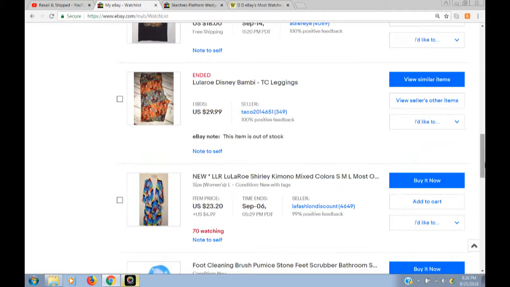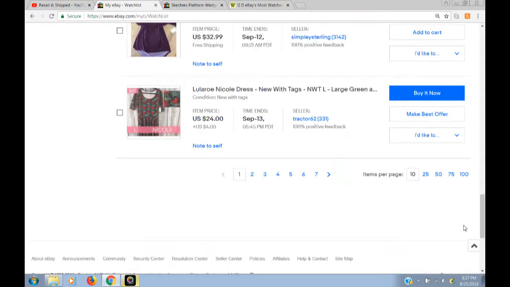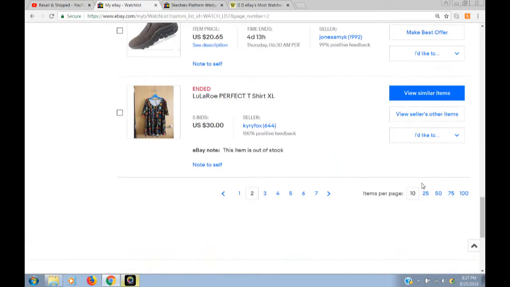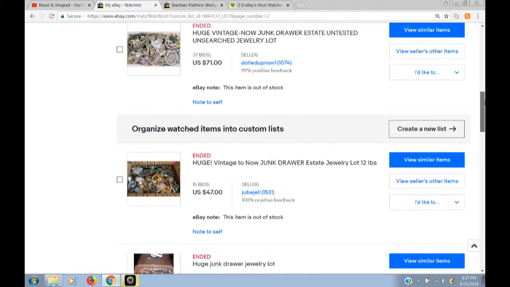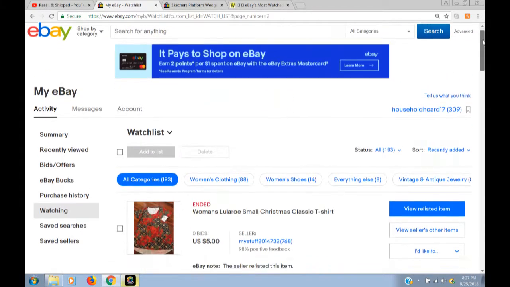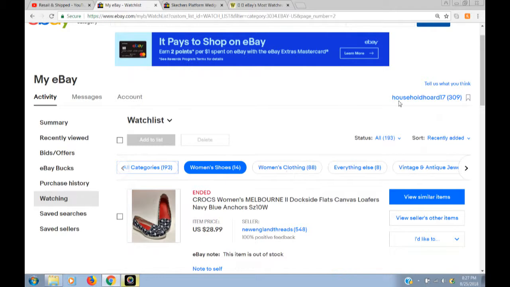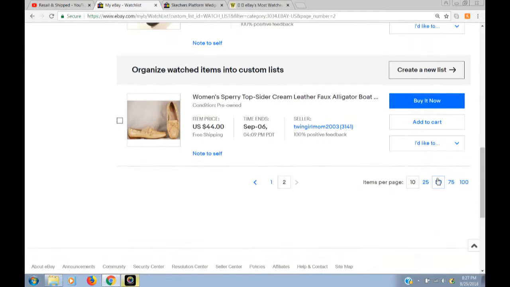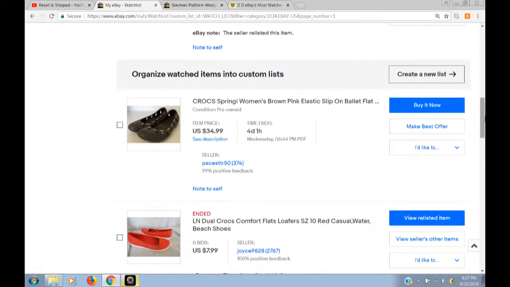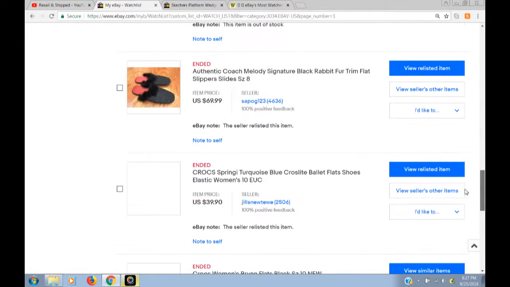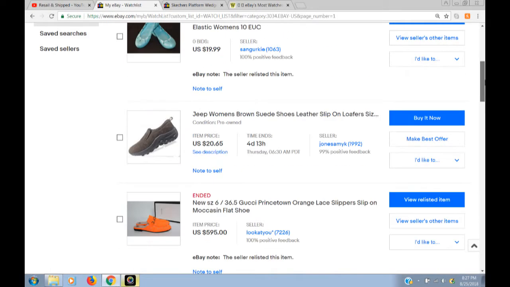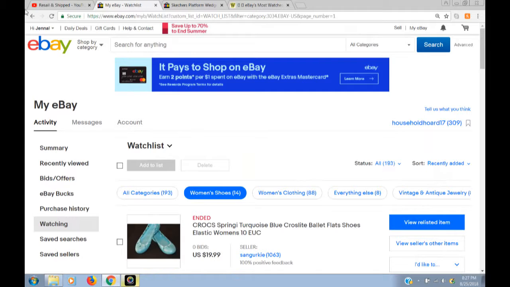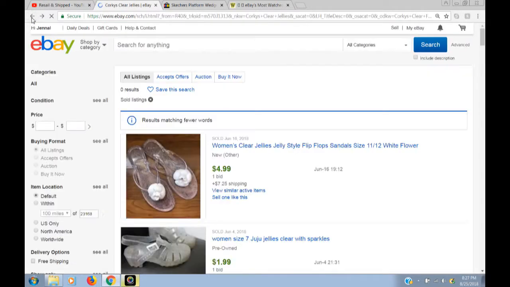I'm wearing these right now. Anyways, let's see if I saved them or not. Doesn't look like it. Let me look at shoes. I like that they categorize these a little bit more, so you can find things easier. But it doesn't look like I saved those jellies. Okay, so out of luck on those. I'll come back to those later. I'm just going to put a little star on my thing and we'll move on.